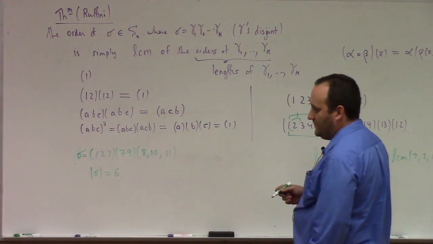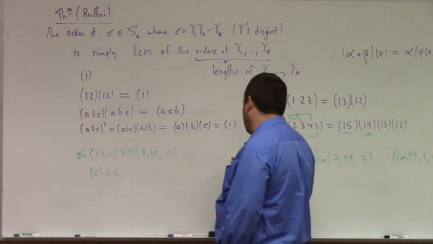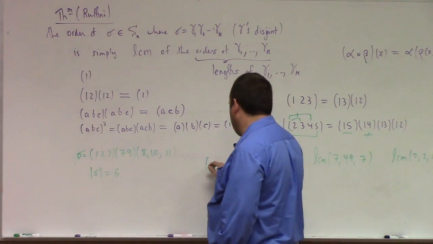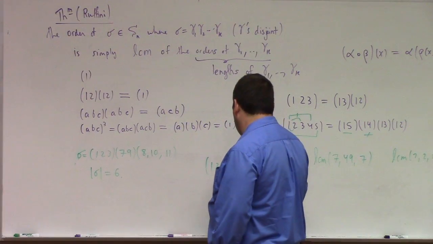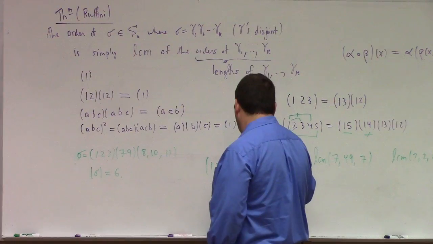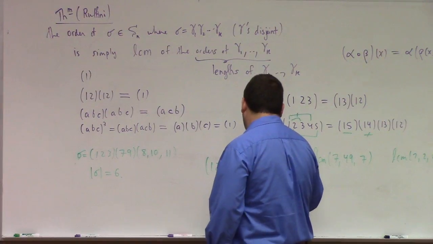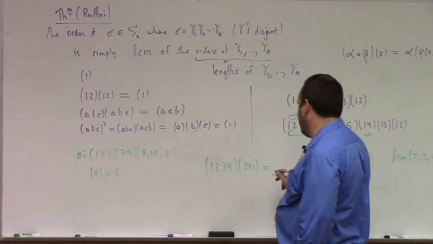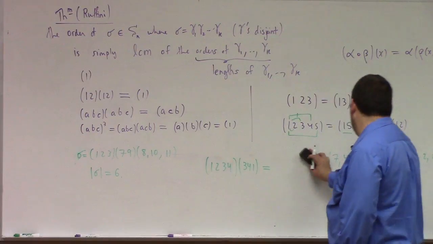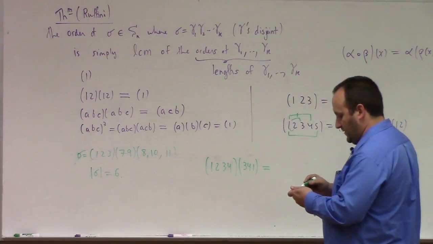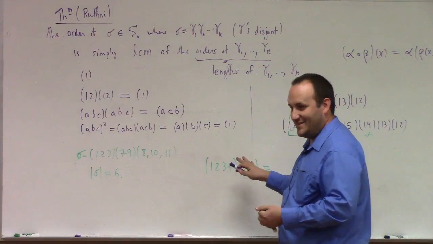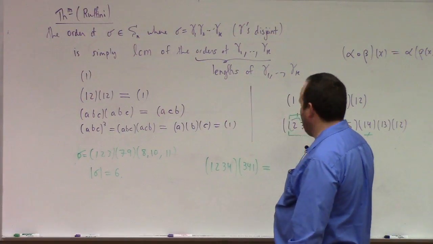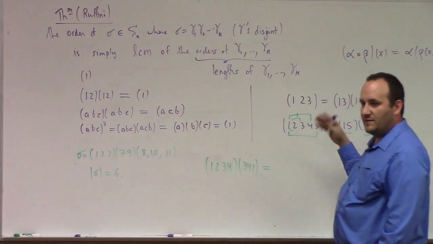Or if you have something that's not in disjoint cycle form, right? If you've got something like 1, 2, 3, 4 times 3, 4, 1, your first move would be to rewrite that in disjoint cycle form. Actually maybe that was productive, because we saw that we couldn't do it with that other thing.